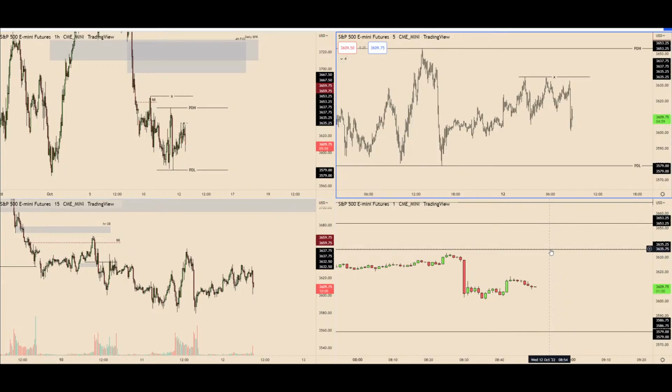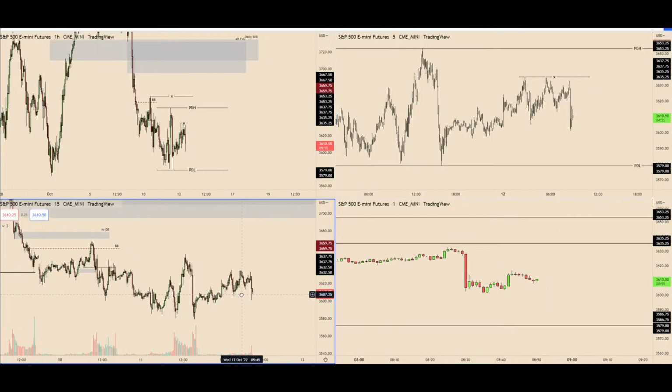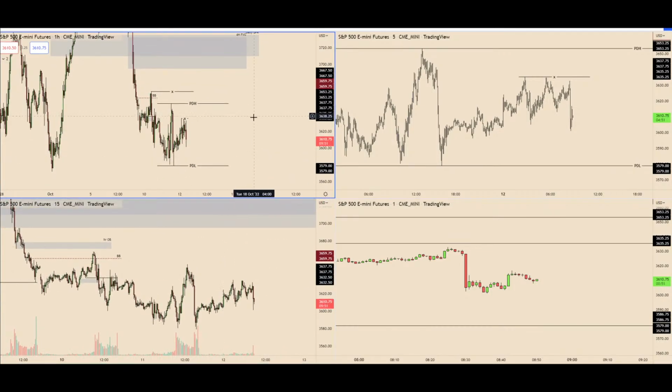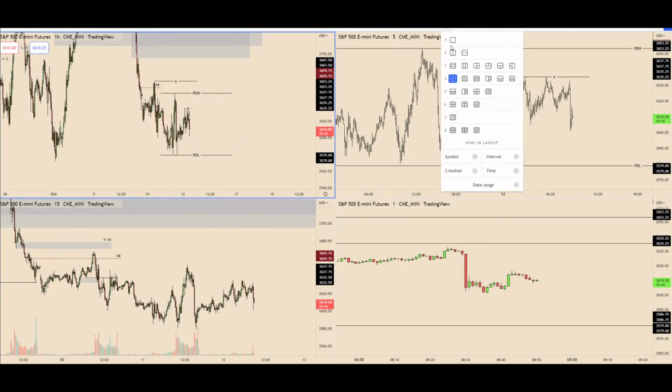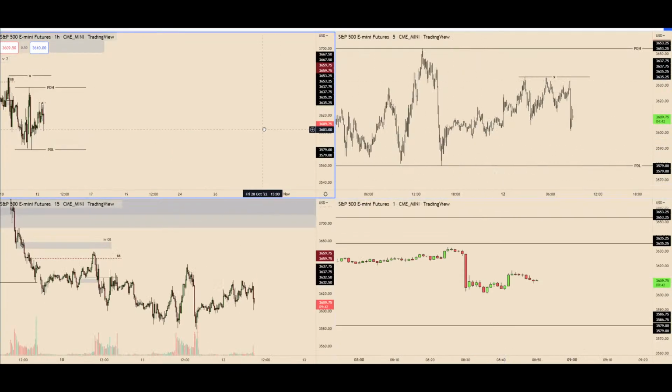That's funny. It doesn't work on patch drawings. Ah, that's annoying. I wonder if I do this. Oh, that's lame.